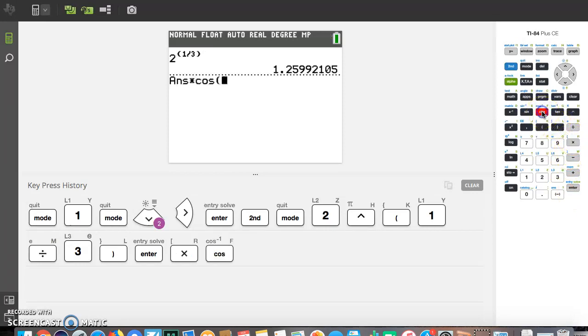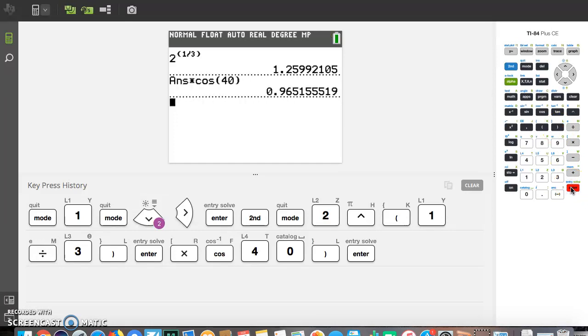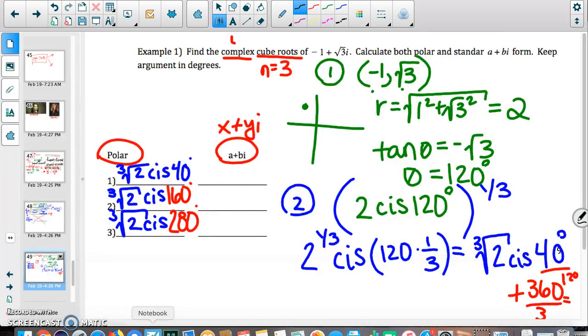And now I'm just multiplying. My first one was an angle of 40 degrees, so I'm multiplying it by the cosine of 40. And that gives me about 0.97. 0.97 is my real component. Now I need to figure out my imaginary. If you wanted to write this out, it would be the cube root of 2 cosine of 40 plus the cube root of 2 i sine of 40.